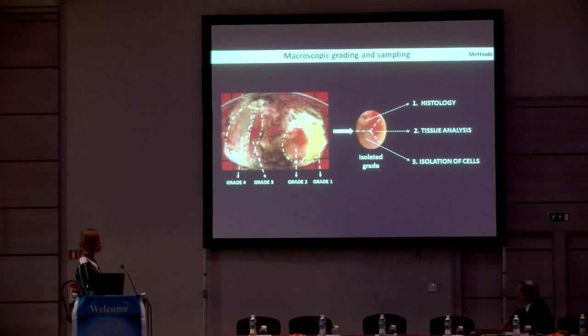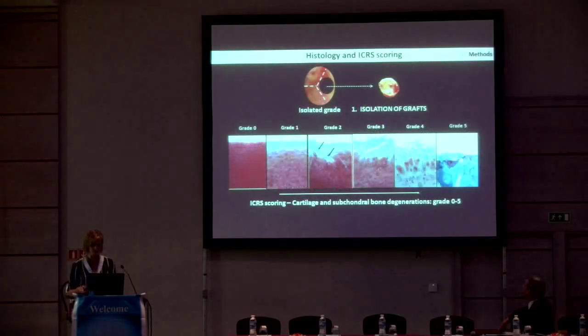Then each of these parts we divide into three further parts. One part we use for histology, the second part we use for isolation and analysis of the tissue, and the third part we use for isolation and analysis of the cells.